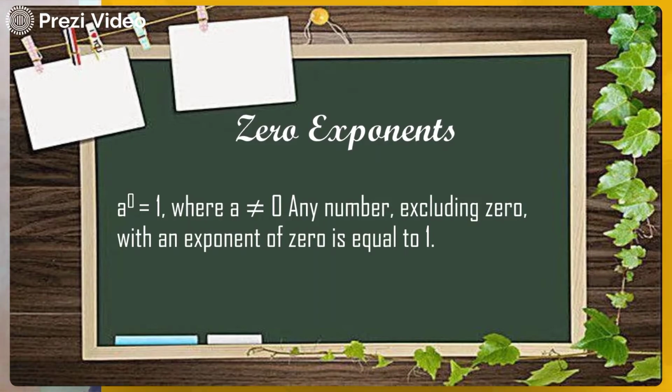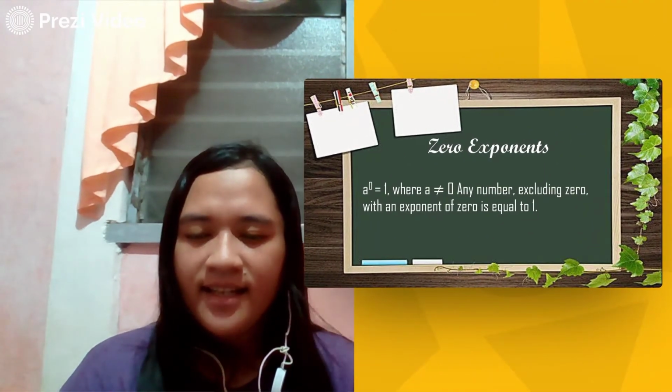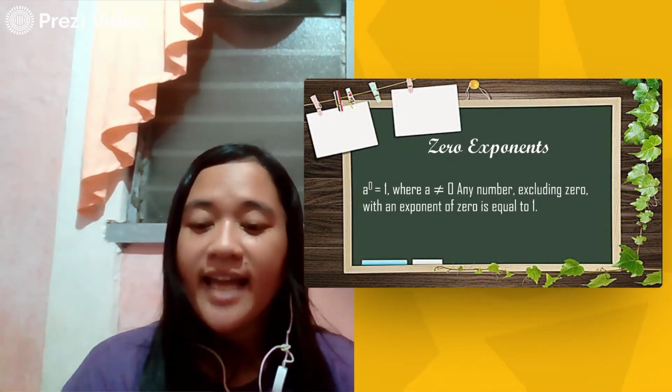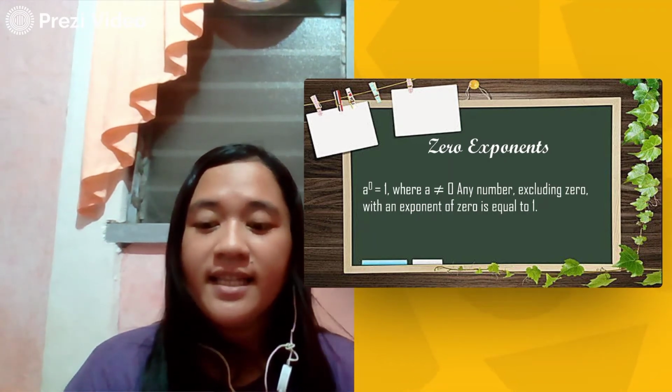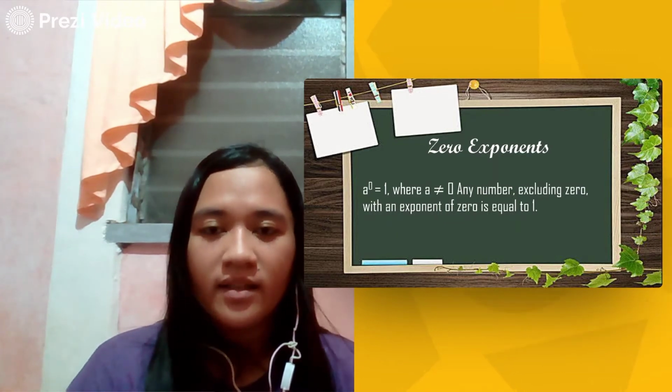So any number excluding 0, as long as you raise it to 0, the answer is always 1. Remember, any number raised to 0, no matter how big or small, the answer is always 1.